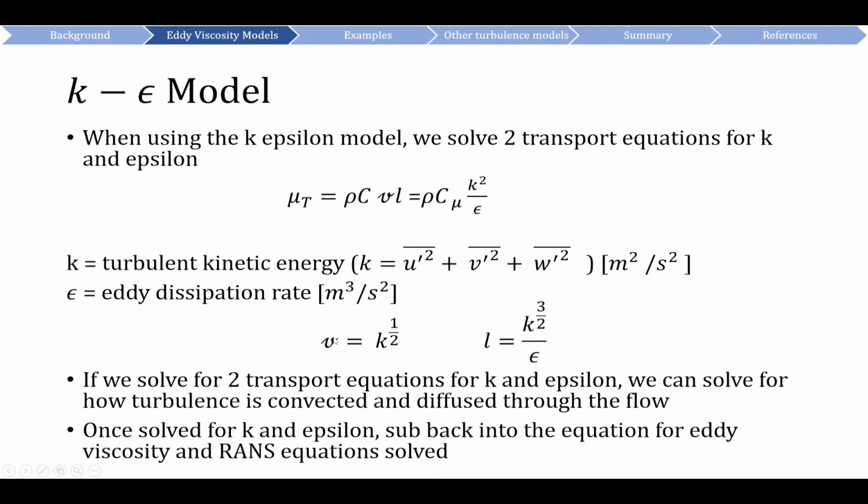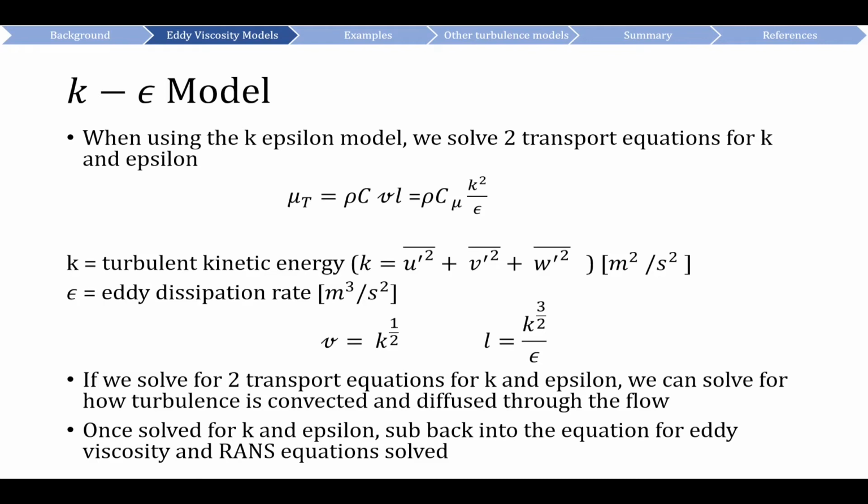The velocity scale is related to the turbulent kinetic energy via the square root of the kinetic energy, and the length scale, similar to what we had in the mixing length model, is related by k to the 3/2 divided by epsilon.